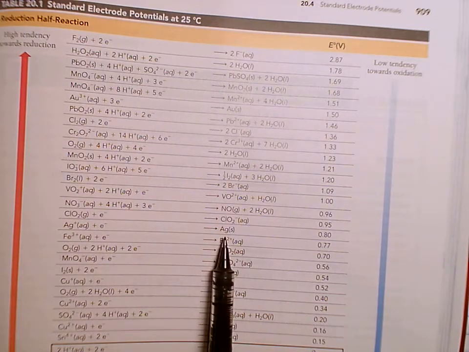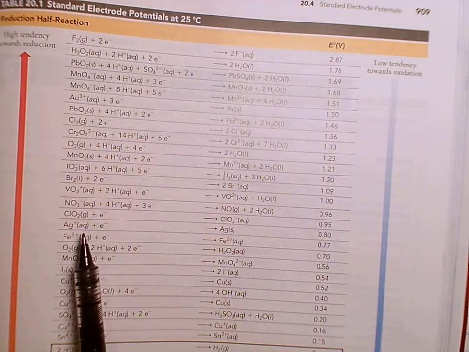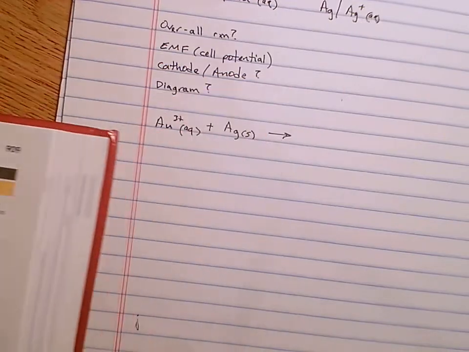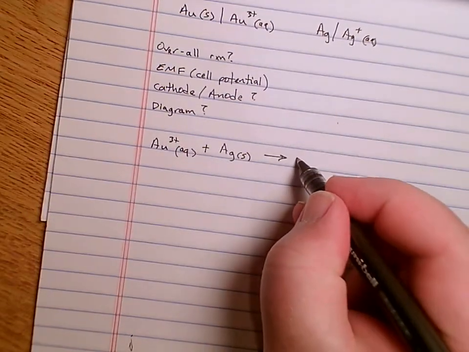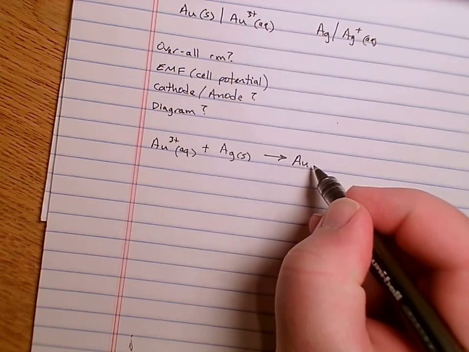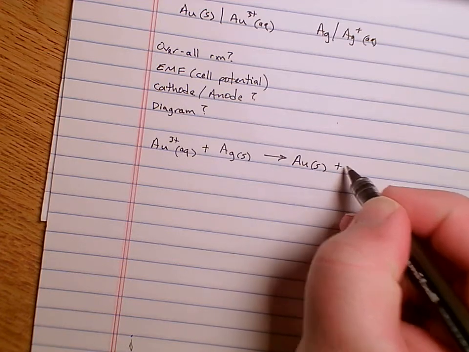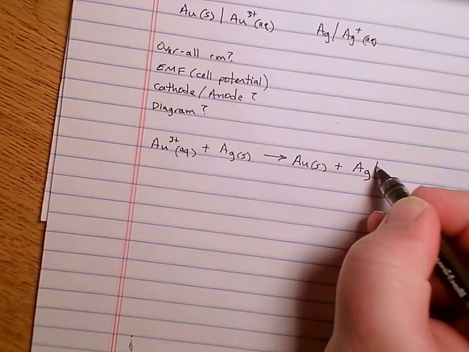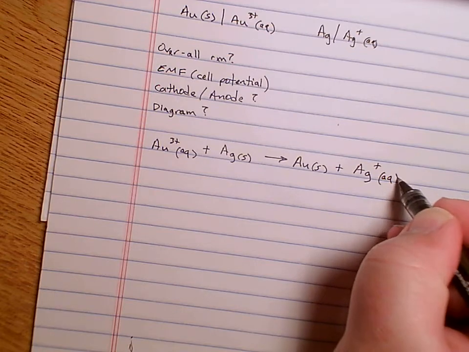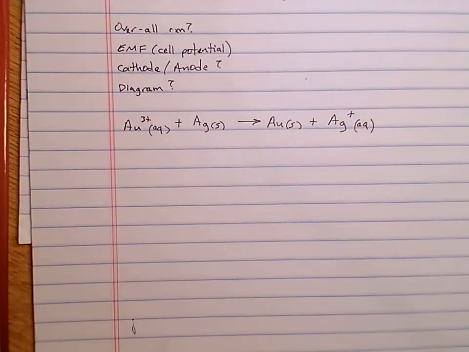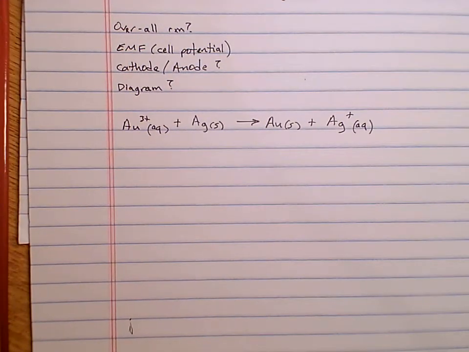And my silver solid is going to react and lose 1 electron to form Ag plus. So I know I'm going to go to gold solid plus Ag plus aqueous. All right, so now there's my reaction, but is it balanced?